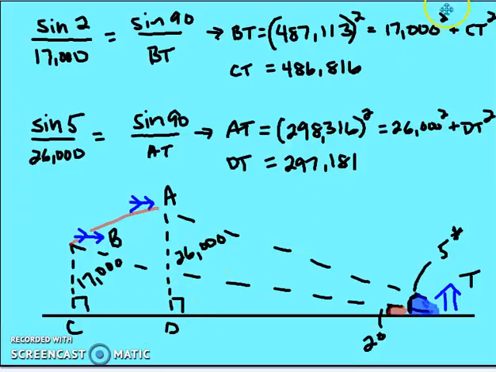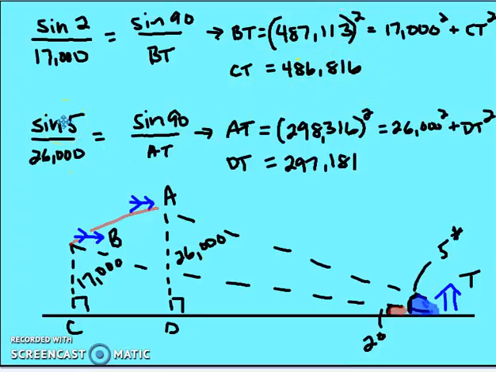CT is going to be 17,000 feet squared plus CT squared. I'm sorry, BT ends up being 487,113 feet. And we're going to use the Pythagorean theorem to solve for CT, which ends up being 487,000 approximately.